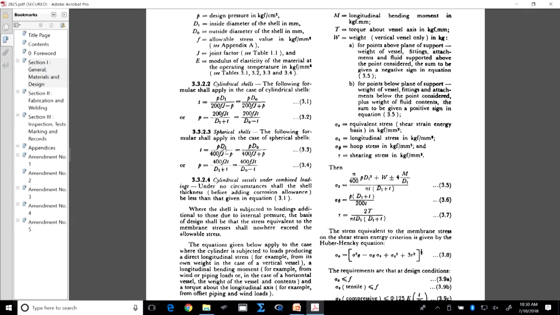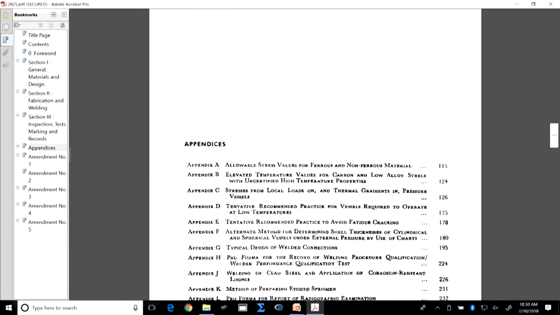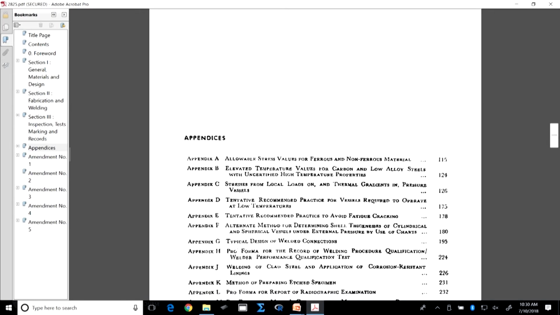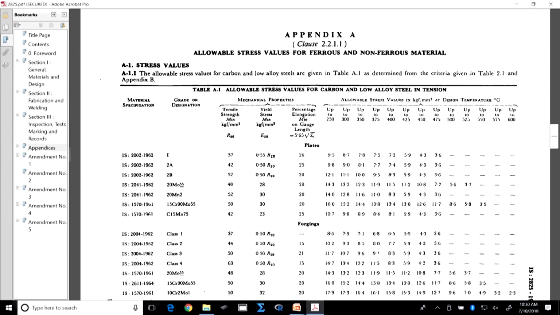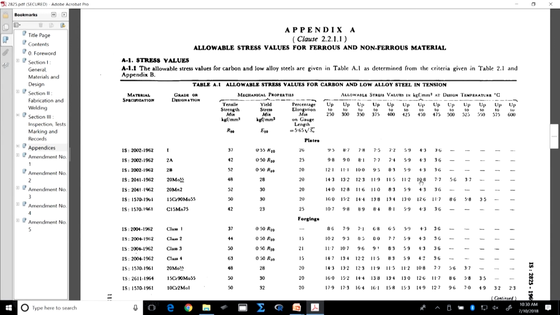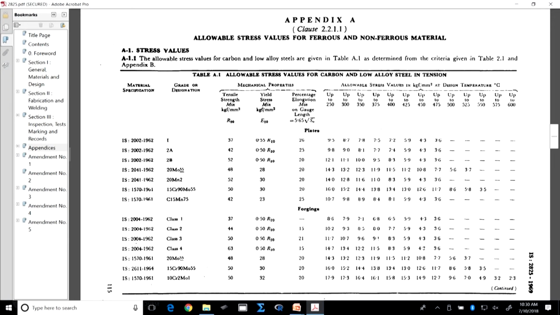If you consider, here I am having appendices. And when we see these appendices, appendix 1 will be on allowable stress values for ferrous and non-ferrous materials, and a screenshot of that I have also shown in lecture 4 while discussing allowable stress. So, I think you can resemble this table from there.